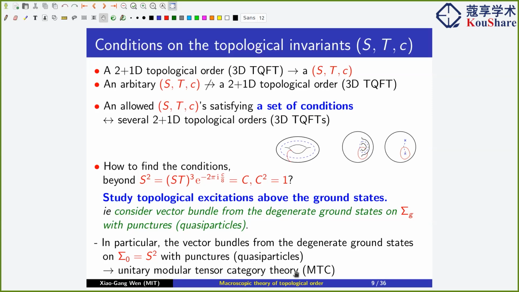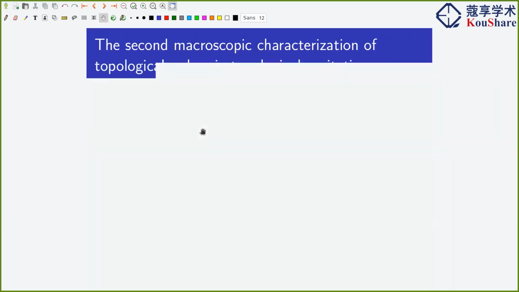So two-category theory is for point excitation and string excitation. Three-category is for membrane excitation, string excitation, and point excitation. So all those so-called higher categories are just a theory for excitations. Okay. So similarly, to really obtain a more complete theory, we need to consider excitation.